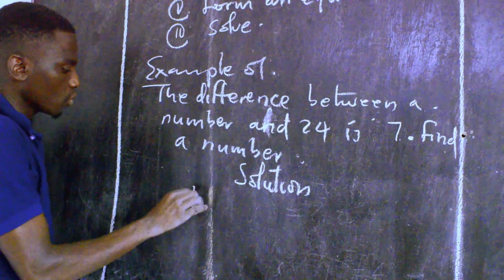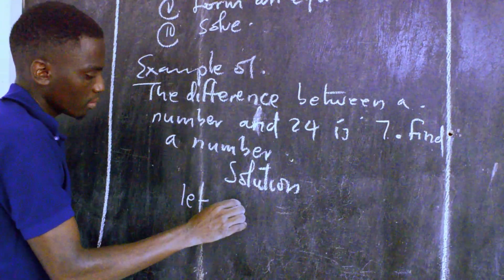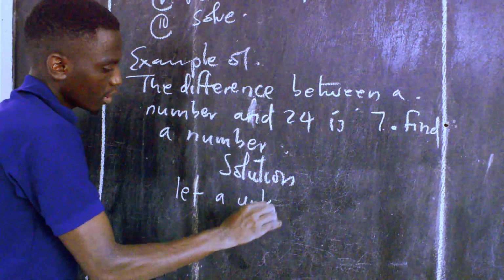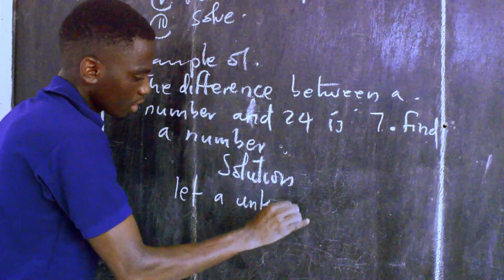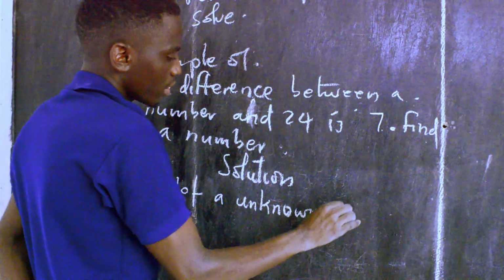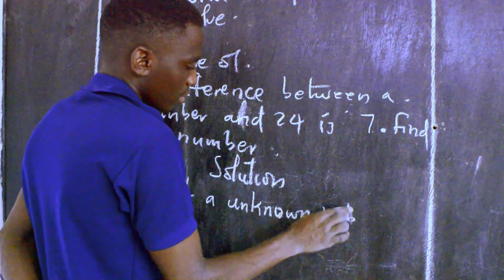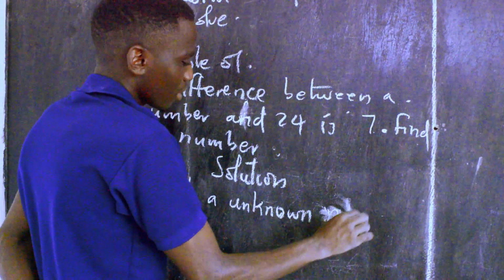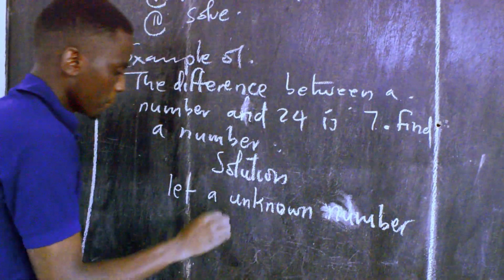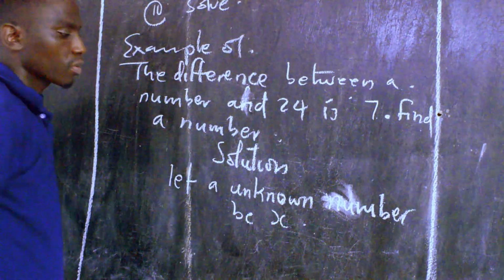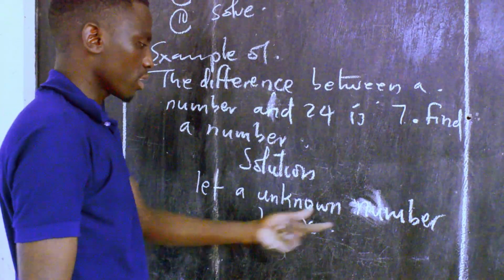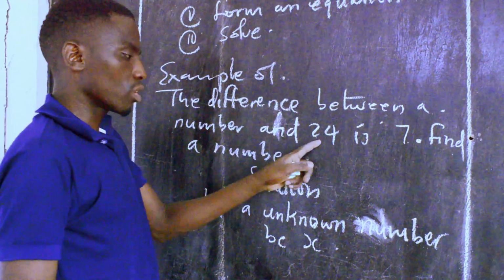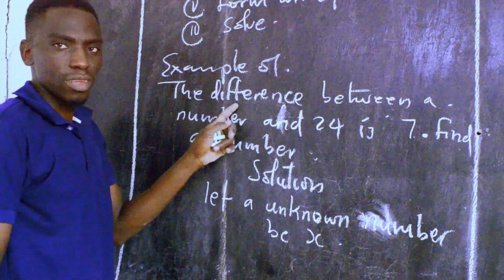Solution here. First of all, you have to let the unknown number be x. But here you are given the difference between a number and 24. The difference means minus.